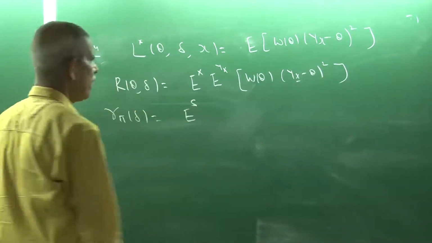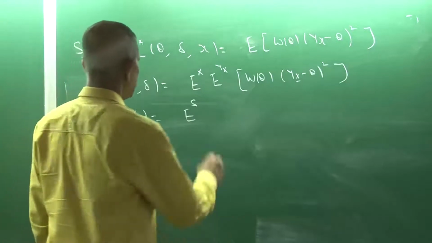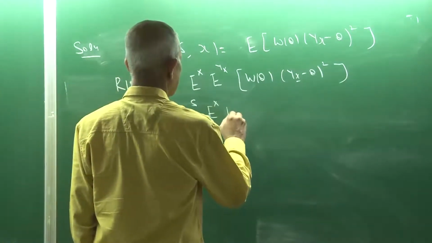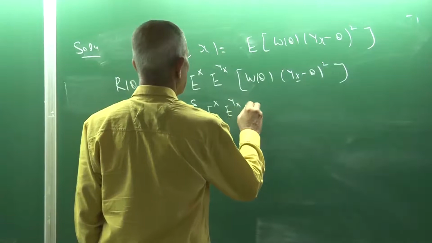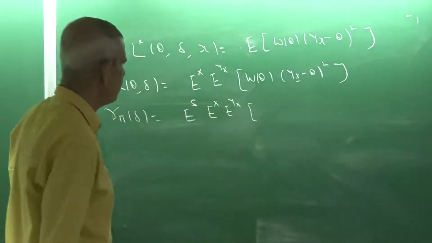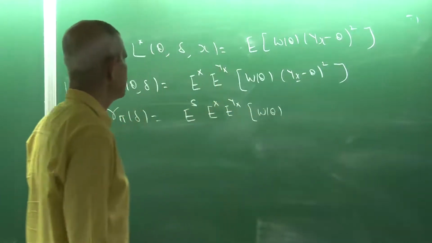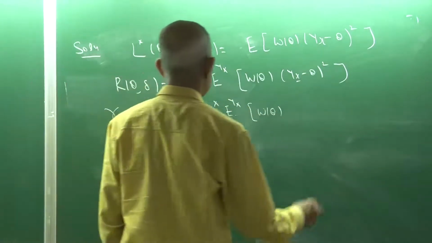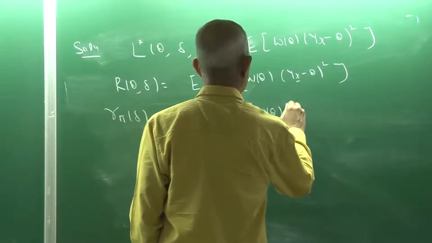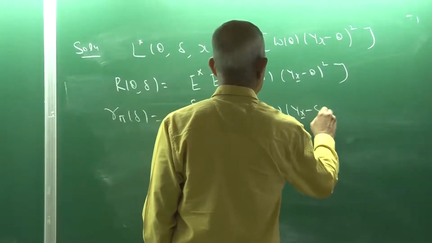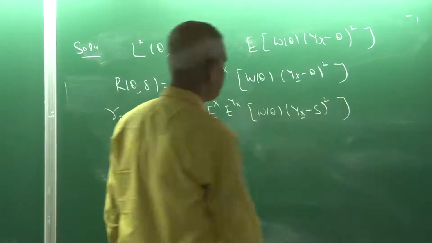This is expected value of S, expected value of x, expected value of Y x of w theta, Y x minus S whole square.